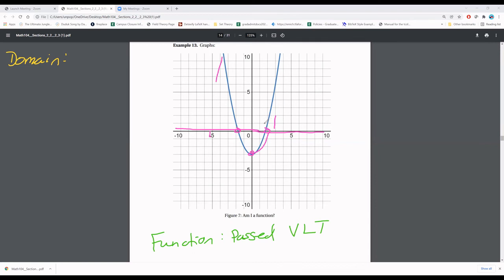And in fact, if we continue the graph, zoomed out, it looks like we will hit everything on the x-axis. If that's the case, we say that the domain is all real numbers. We can indicate that with this fancy R, which means all real numbers.